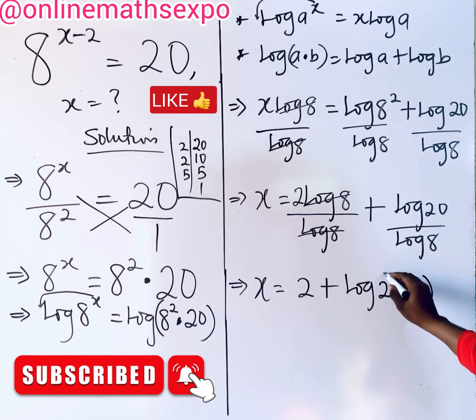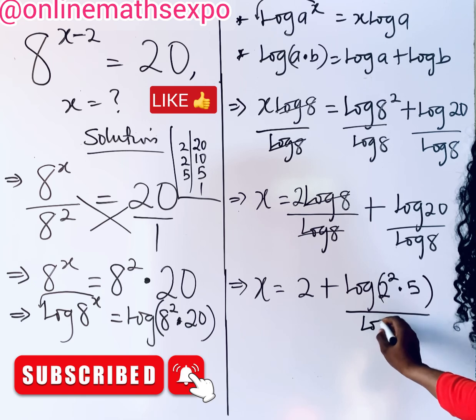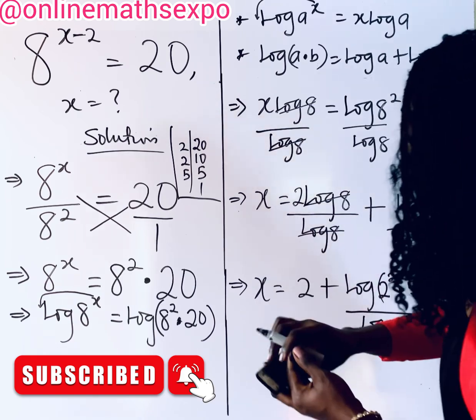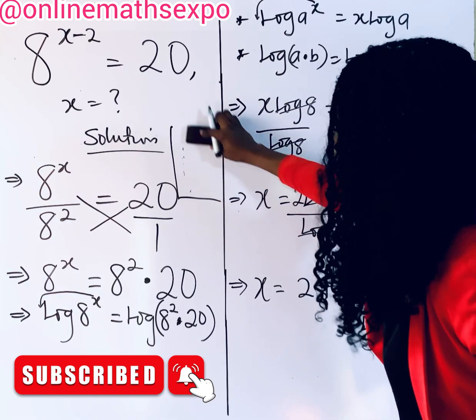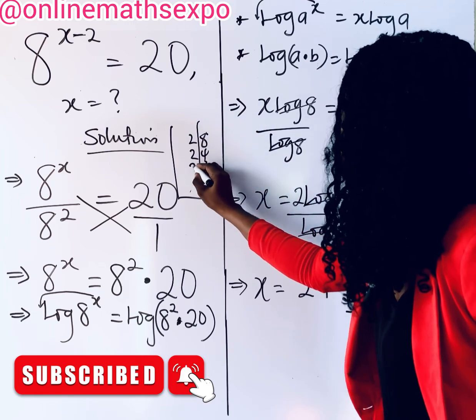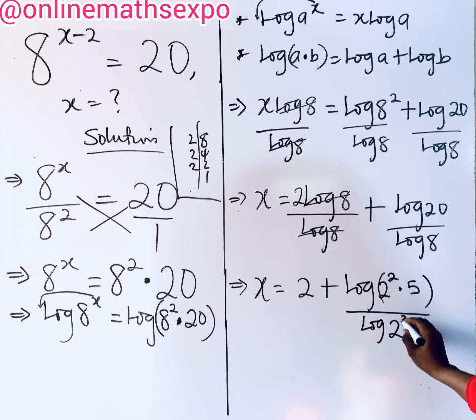And this is divided by log of 8. 8 is the same thing as when you multiply 2 three times. Just watch. For 8, 8 divided by 2 is 4, 2 is 2, 2 is 1. So you see 2 appears 3 times. So 8 is the same as 2 raised to power 3.